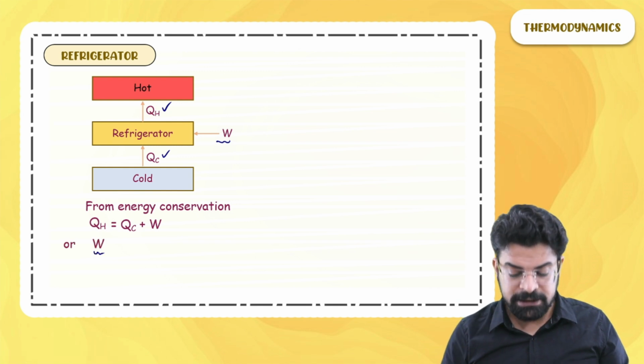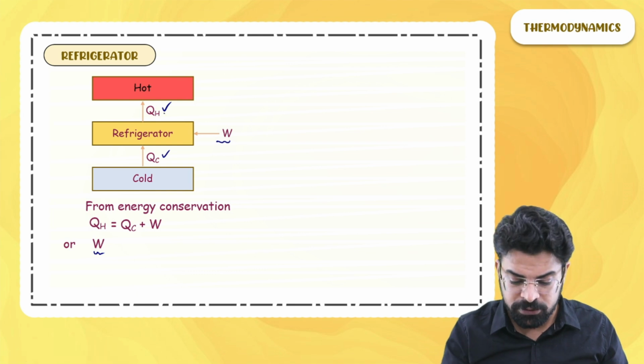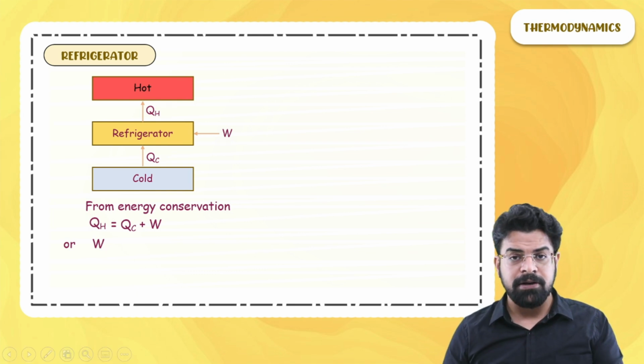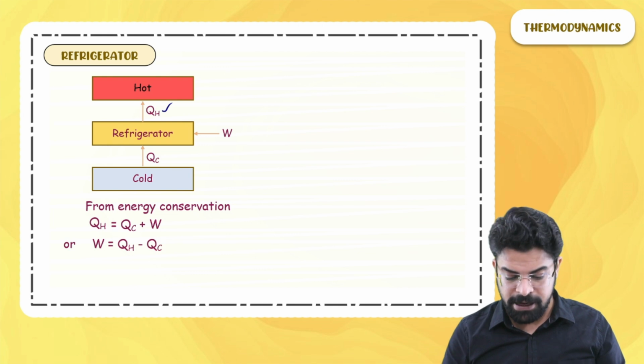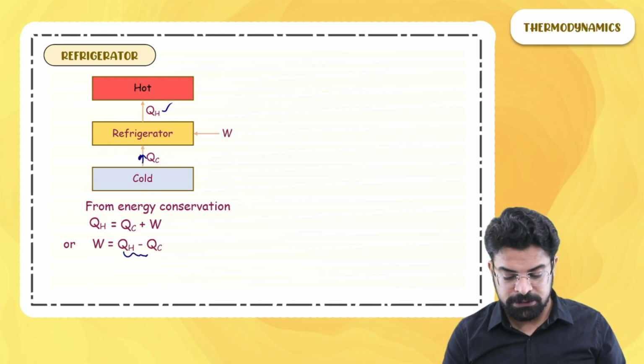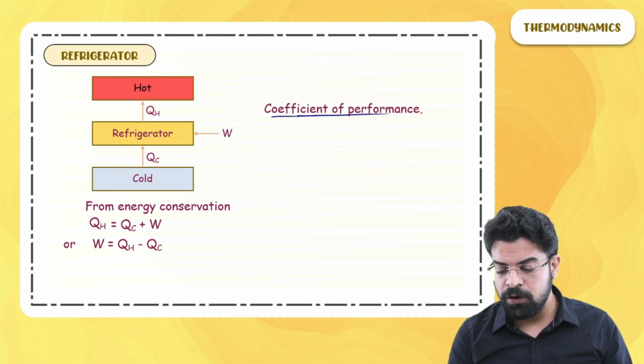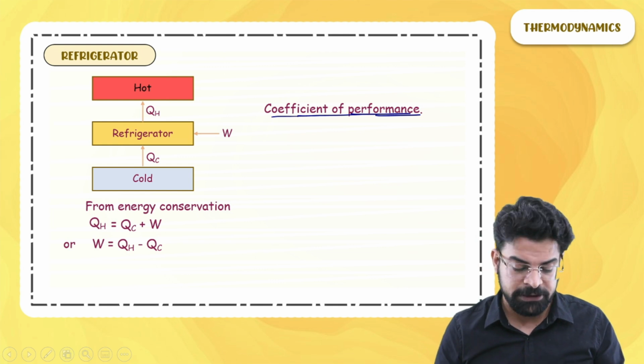Or we can say that the work that has to be input for this process to happen equals the heat rejected to the hot surrounding minus the heat extracted from the already cold object. So QH minus QC. For the refrigerator, we define a quantity called coefficient of performance.